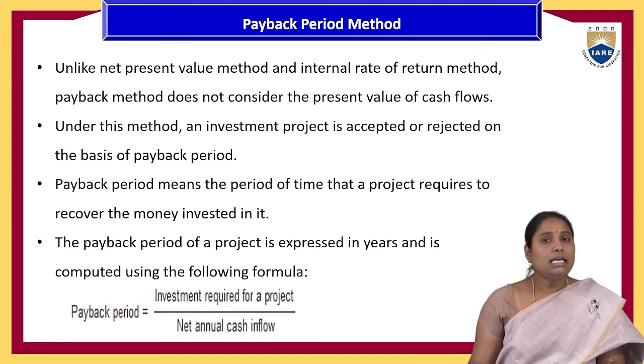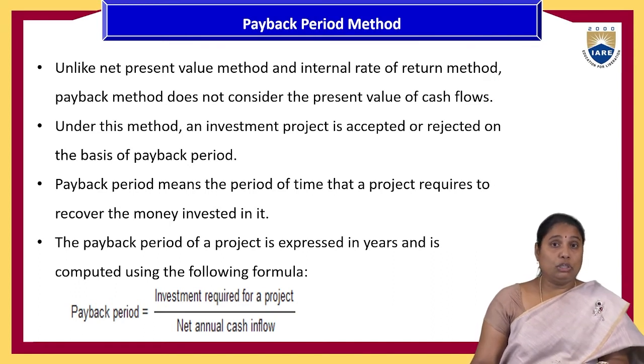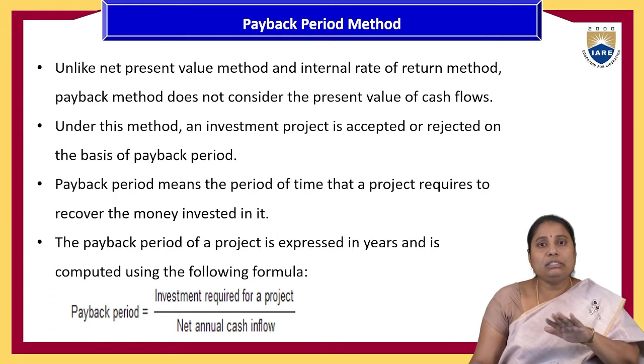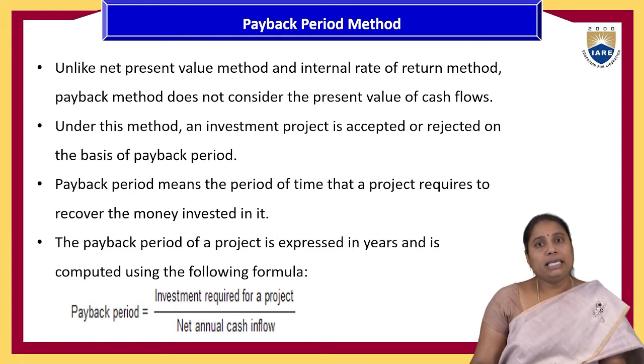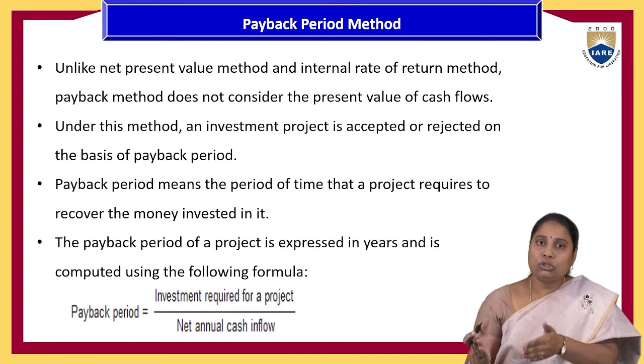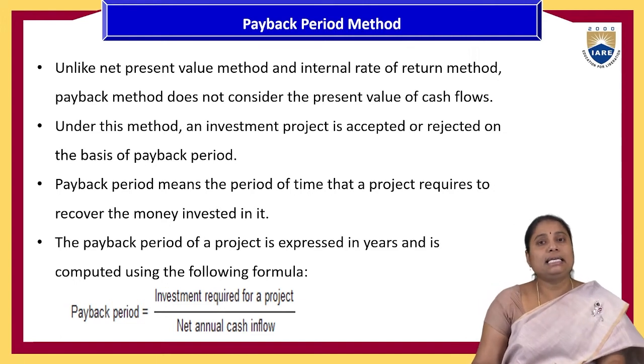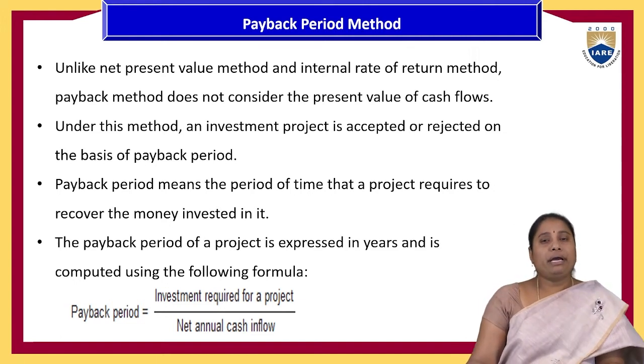Here I'm not taking the time value of money, that this year's 5,000 is worth more than next year's 5,000. I'm just seeing how much time it will take to get back the amount I invested in any project. If I calculate that, it is called the payback period.